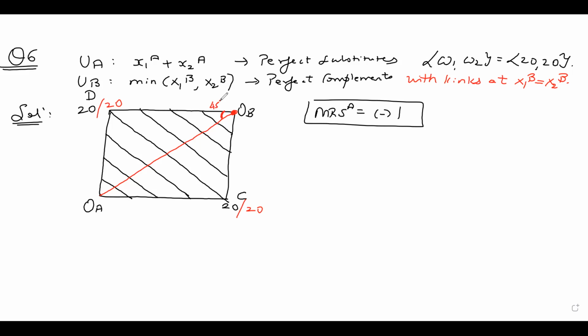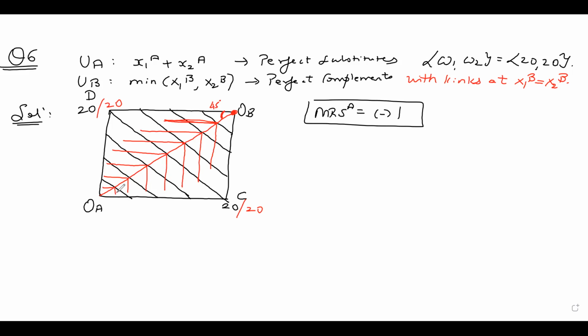So all the kinks are going to lie on the 45-degree line. And if you turn your pages to B's origin, these ICs are going to be L-shaped like this, where the kink is going to come on the 45-degree line. So these are all kinks of B's indifference curves, and they all lie on the 45-degree line from B's origin.